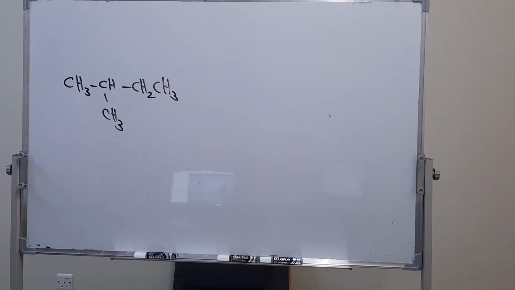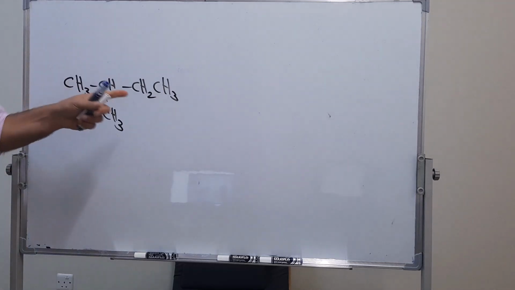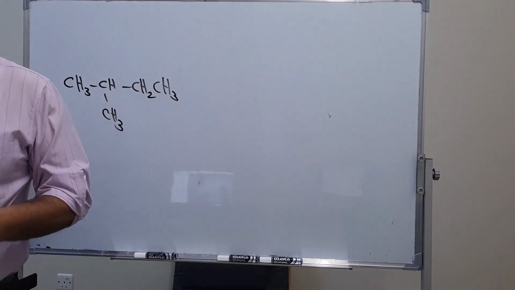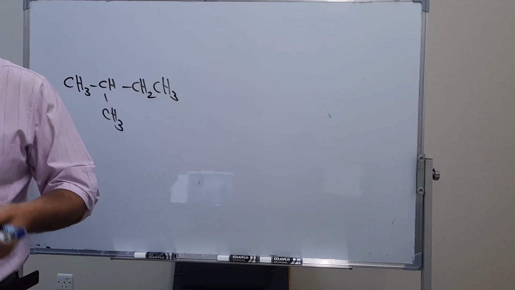This molecule has no quaternary carbon. We didn't say that it has a quaternary carbon. We said it has a tertiary. How to determine whether it's quaternary, tertiary or secondary? It just depends on the number of carbons attached to a carbon.